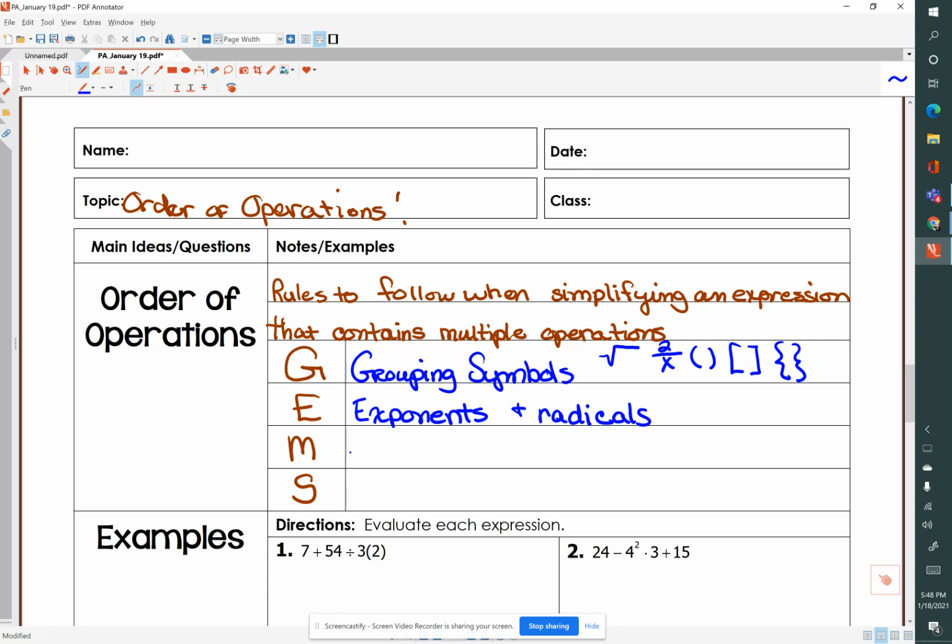Multiplication and division. And what you need to remember about that is you've got to work it left to right.